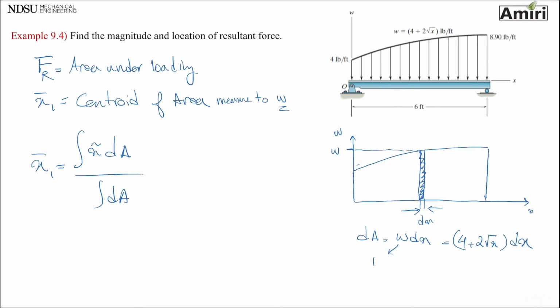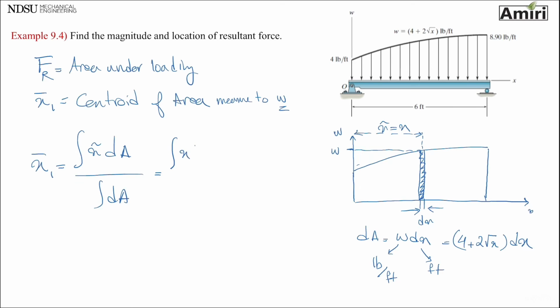This has units of pound per foot. This one has foot. So the result of this area is going to be pounds. X tilde is the location of the centroid of this element to the w axis. So x tilde is going to be x. So let's put it in the integral.